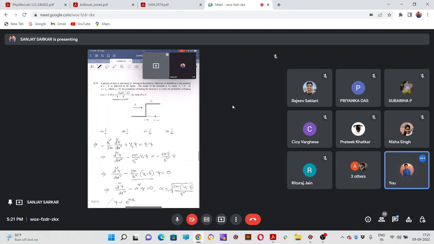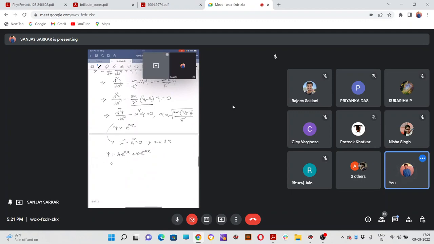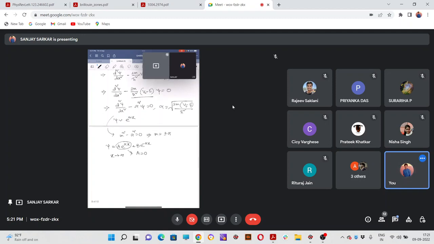Now psi should be finite as x goes to infinity, but this term will diverge when x goes to infinity. So a must be 0. So psi is of the form b e to the power minus alpha x, where b is an arbitrary constant.